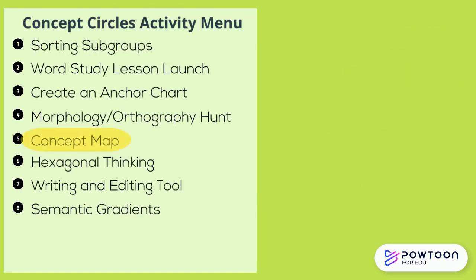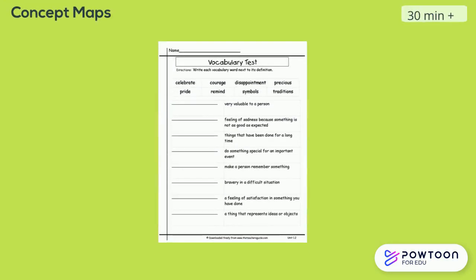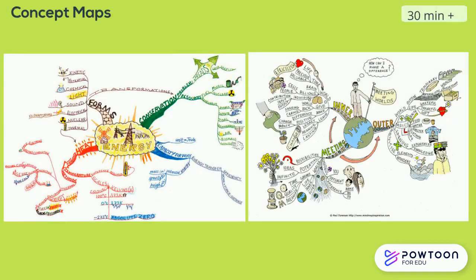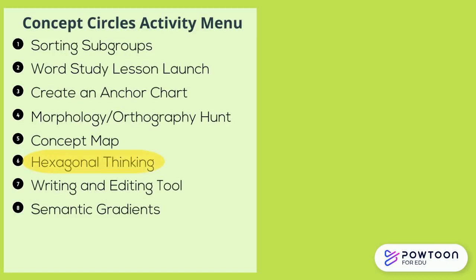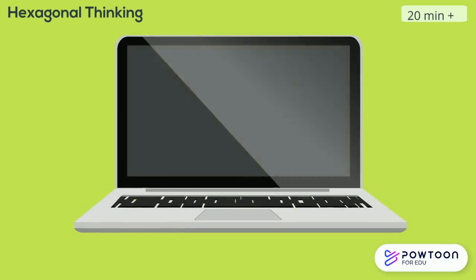At the end of a text or unit, a concept map is an excellent alternative to a traditional vocabulary assessment. Ask students to choose a circle, then illustrate how the words relate to one another. A concept map is best used with nonfiction content. In preparation for a concept map, consider doing the group activity hexagonal thinking.